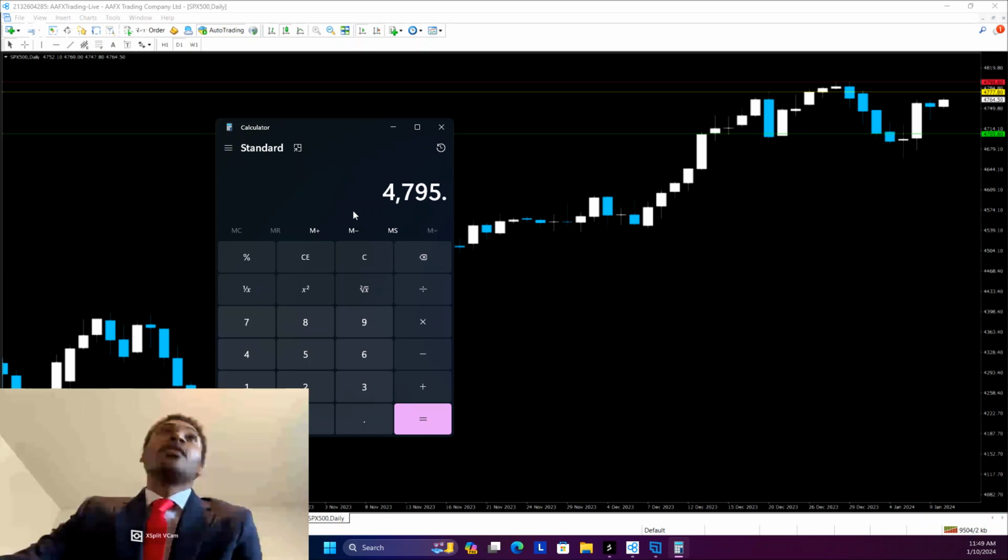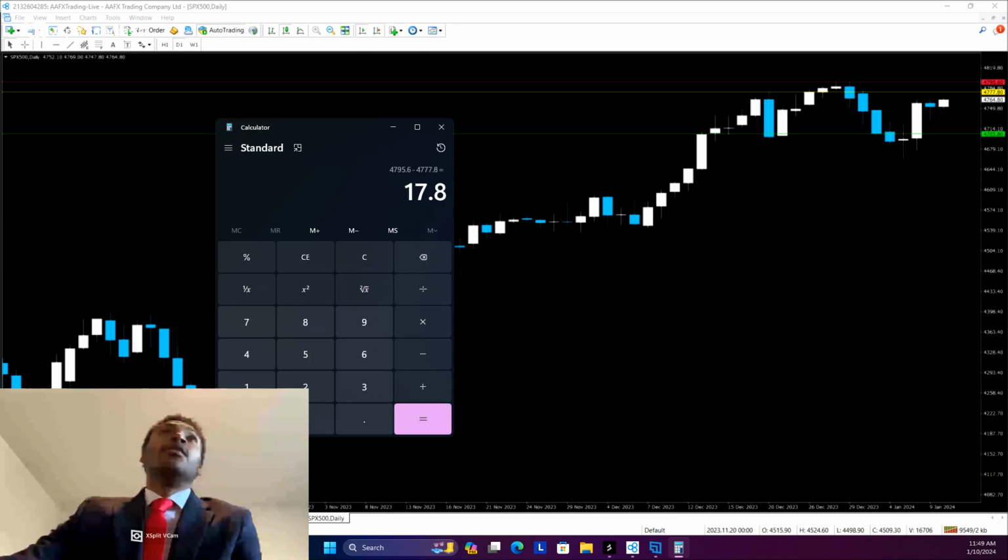So 47.9560 minus 4777.80. This is the resistance high, 1 point above it. This is the yellow line that marked the resistance that was closed over, then closed under, and then of course I'm looking for the retest.